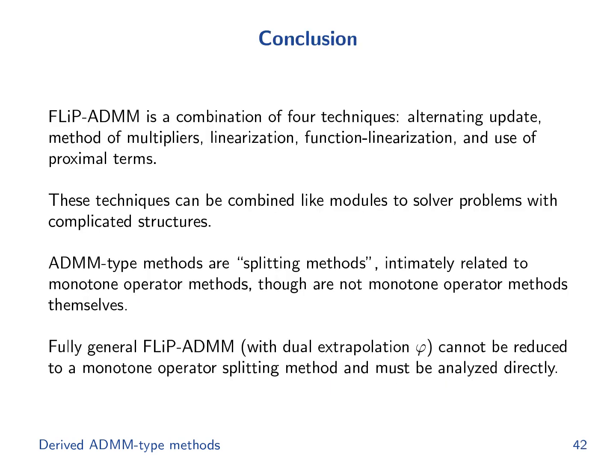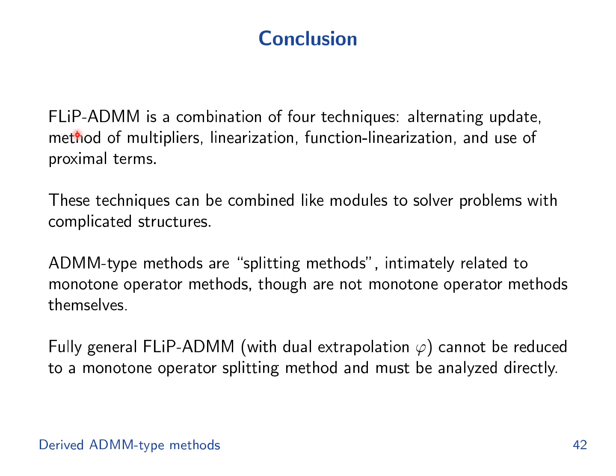Finally, let's conclude this chapter by summarizing FLIP-ADMM. FLIP-ADMM is a combination of 4 techniques: oscillating update, method of multipliers, the linearization technique, which refers to 2 kinds of linearization. One applies to quadratic terms, the other applies to function linearization through access to their gradients.